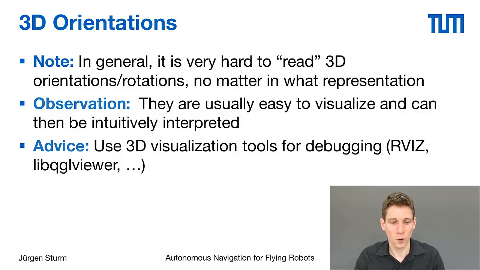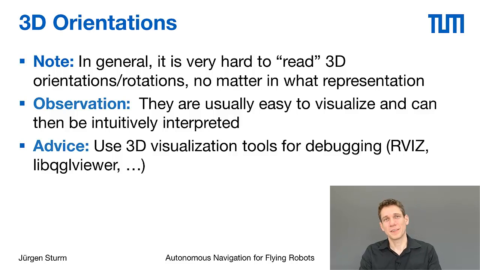The same holds for a rotation matrix. I guess there are very few people who can tell you how an object is oriented if they look at a rotation matrix. And it gets even harder for the axis angle and in particular for the quaternion representation. So if you look at something like this and you don't know what rotation it is, be assured this is normal and there is no good way of interpreting it manually.